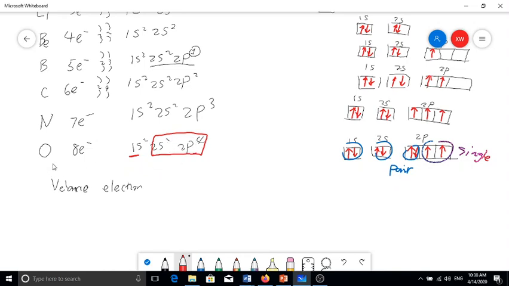We've learned how to count the valence electrons for main group elements from the periodic table. In this case, we now not only know how many valence electrons there are, we can even write out the valence electron configuration.